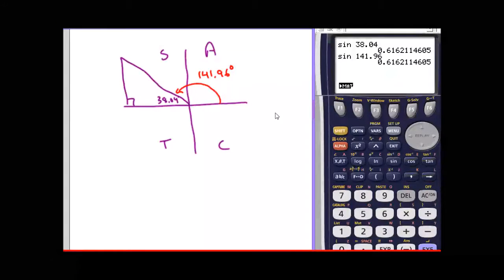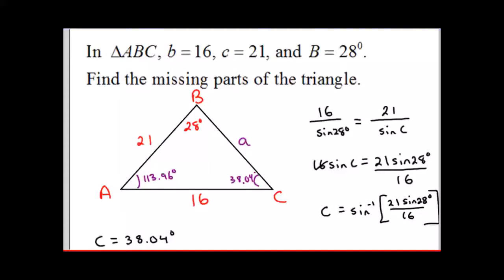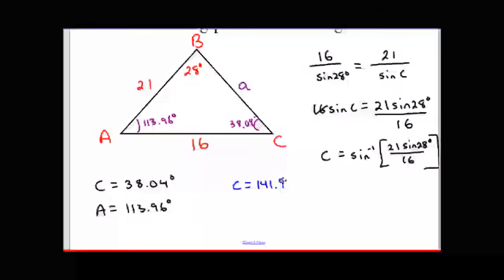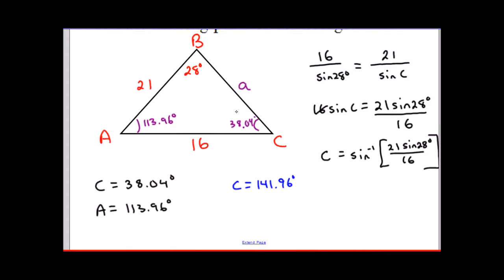So that tells me when I go back to this other problem, there could be two triangles with these dimensions. The other triangle could have a measure for angle C of 141.96 degrees. So this angle right here could have been 141.96 degrees. Then we've got to check, would that fit in this triangle with this angle? Well, yeah, 28 plus 141.96 is 169.96. So that means there could be two triangles with these dimensions.